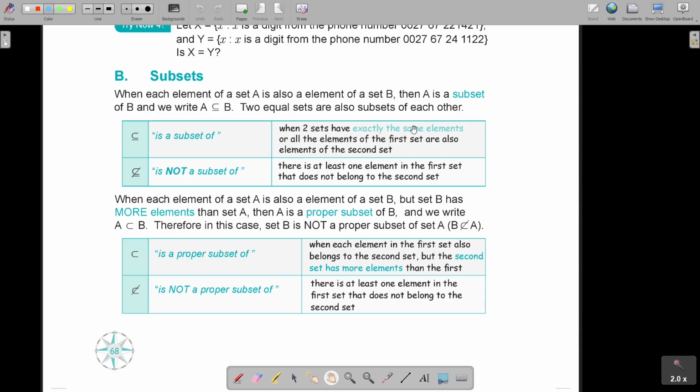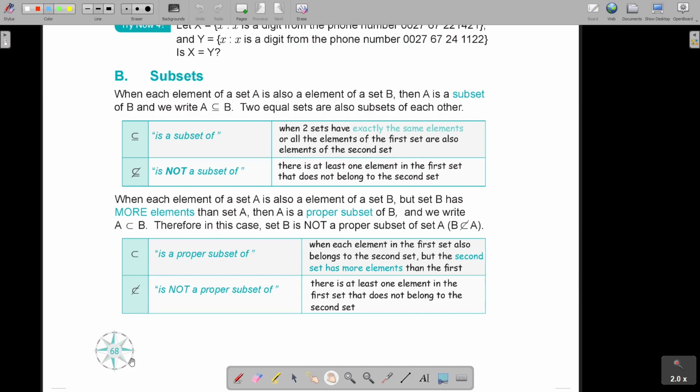But here, listen. When each element of set A is also an element of set B, but set B has more elements than set A, then A is a proper subset of B. So then you just don't make that equal sign, but you say proper subset, and we write it like that.